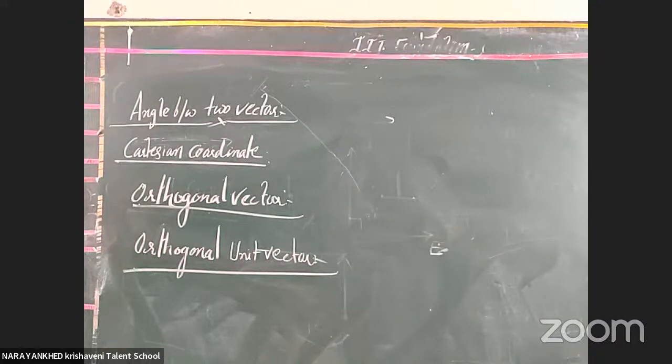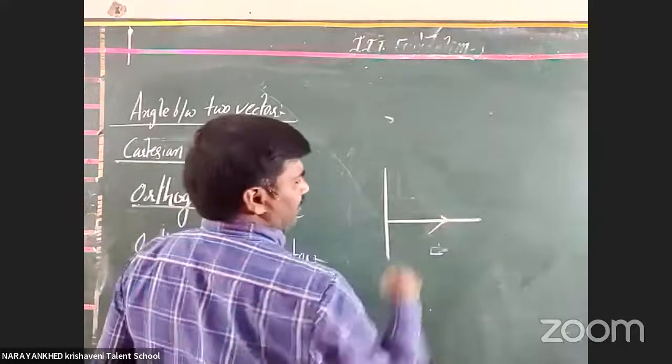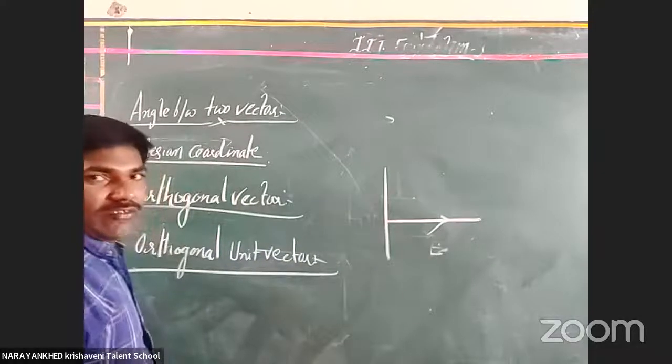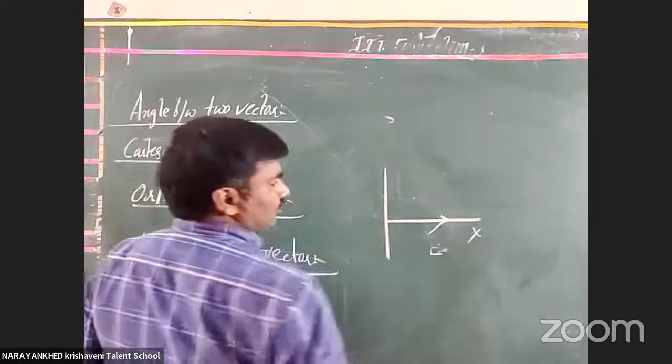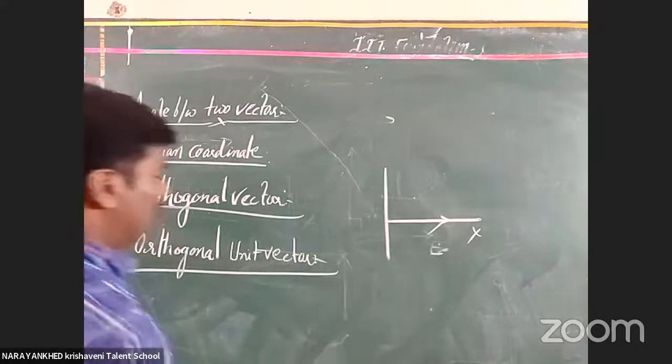Suppose the vector is along the axis, the x-axis. That vector becomes an orthogonal vector, and it should contain unit magnitude. How do you know?